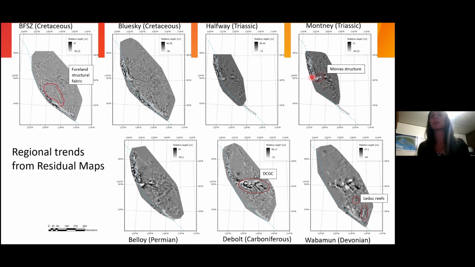It's around the Monias field. So this was also appearing on these maps. Of course, we have Dawson Creek Graben Complex, which is most clearly expressed on the Debolt Formation, as well as some Leduc reefs, which are shown on the Devonian. Also, they are appearing on some other residuals. So this is just the main idea of what we can get from those residual maps.